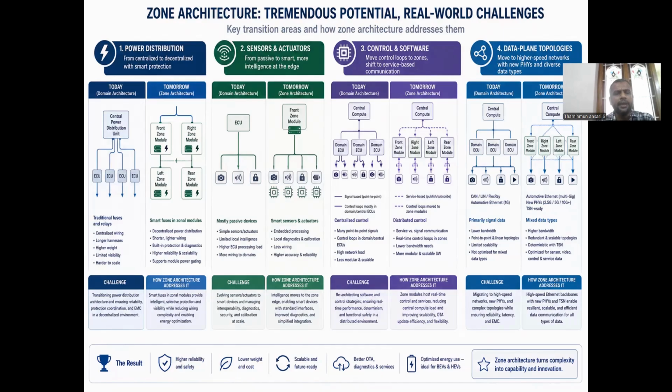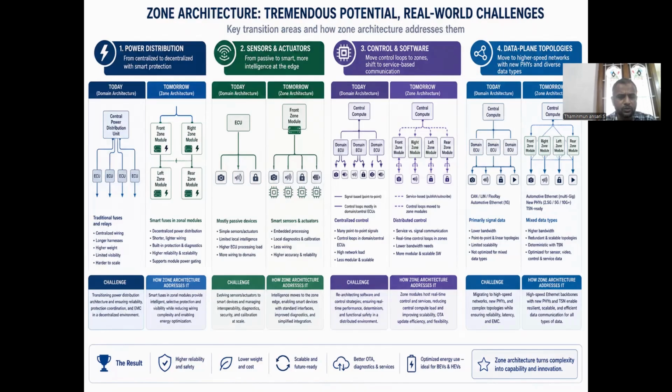Okay, now sensors and actuators. What is the current state of sensors and actuators? Those are connected with the ECU, mostly passive devices, right? So for each ECU there will be sensors and actuators with limited local intelligence. That means there is no exchange of information between these sensors or actuators.